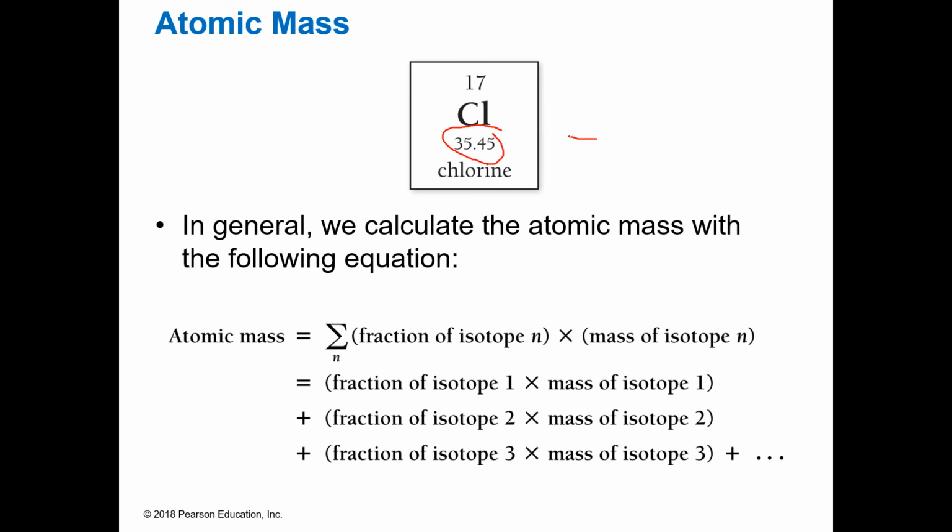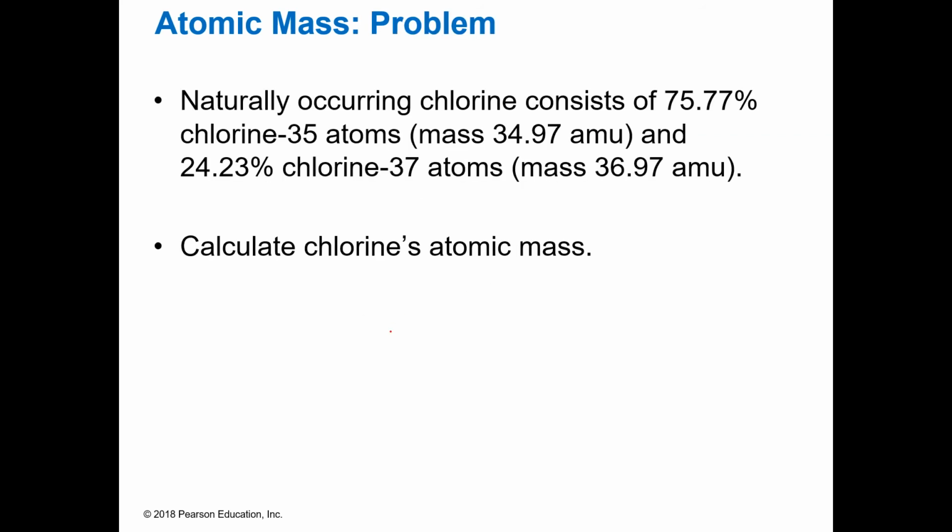So to find this, what I need to do is know the isotope and the mass, and know the percentage of that isotope and the mass of it. Okay. For example, naturally occurring chlorine consists of 75.77% chlorine 35, and 24.23% chlorine 37.